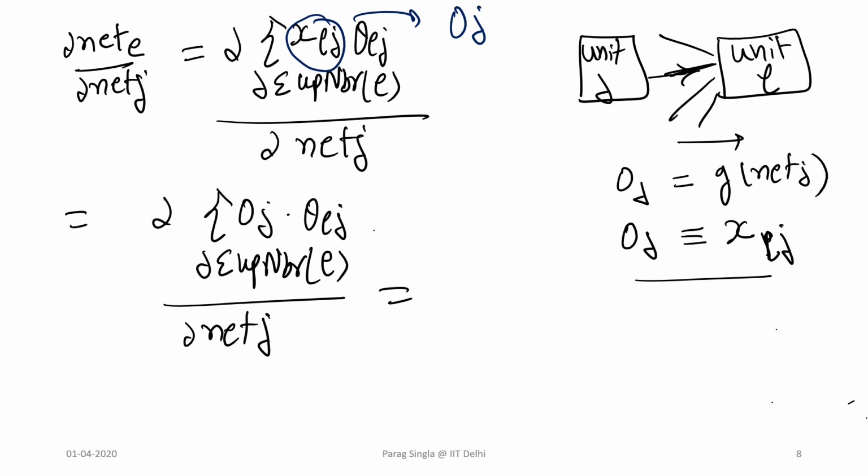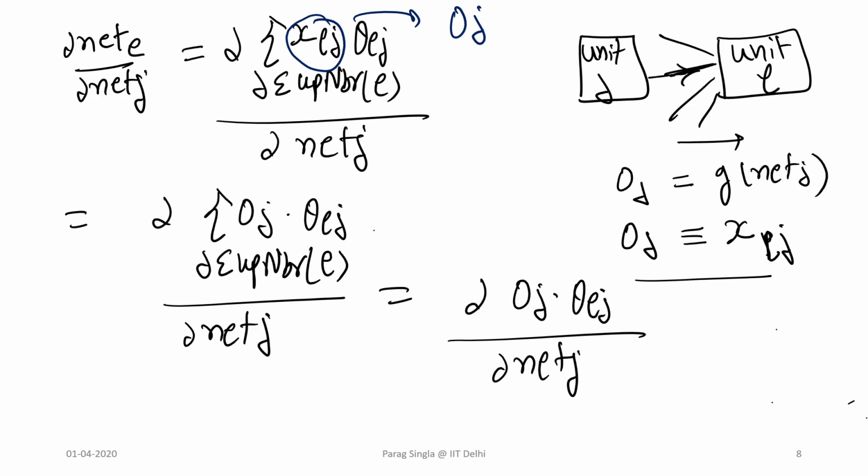Therefore, all other terms vanish, and the only term that remains is delta OJ into theta LJ over delta net J. Now, theta LJ is an independent parameter, which is the weight of this interconnection, and is not affected by net J. Net J in some sense only influences XLJ, which is OJ.